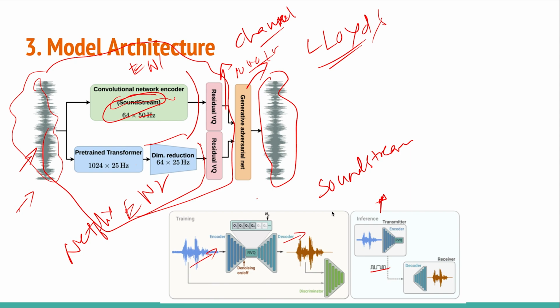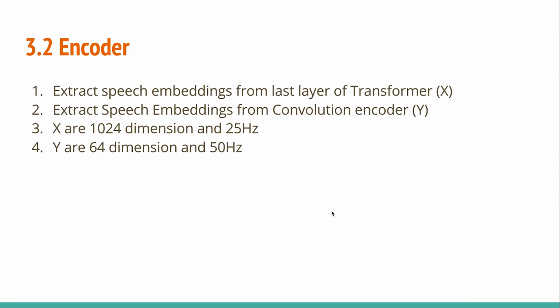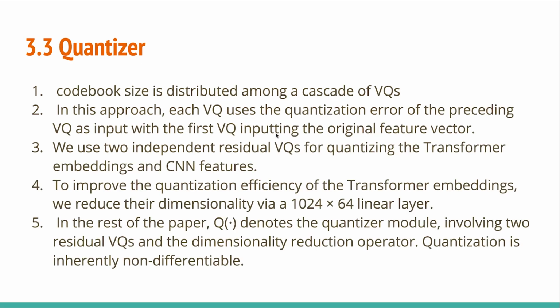So this is the model architecture, right? Like I explained, the encoder basically generates two different types of embeddings, right? One from the pre-trained model, and one from the convolution encoder, right? The pre-trained model features are of dimension 1024 and operate at 25 hertz, and the convolution encoder features are of 64 dimension and operate at 50 hertz.